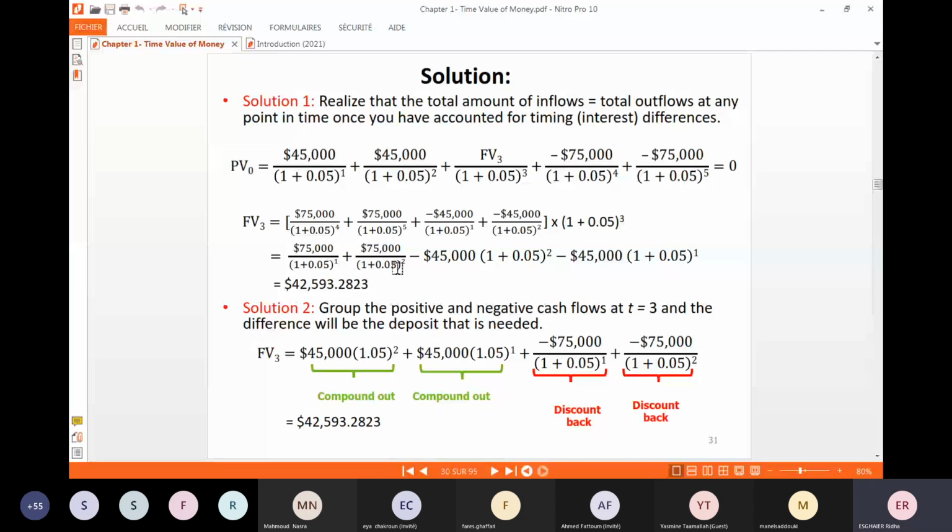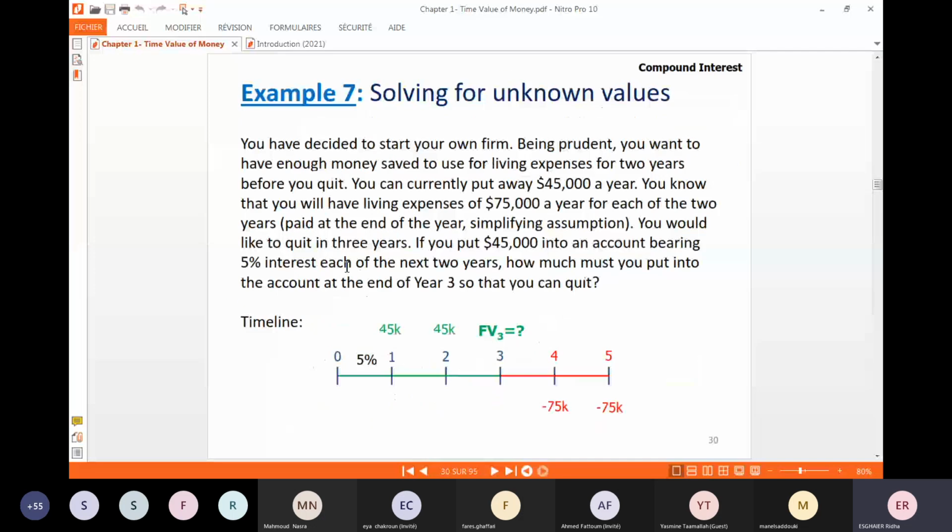Another way of computing this unknown amount is, since the unknown amount will occur at the date 3, to compute its value directly at the date 3. Simply, we will compute the value of 45 minus 75 at the date 3, not at the date 0, to avoid discounting even the future value 3 to the date 0, to save time.